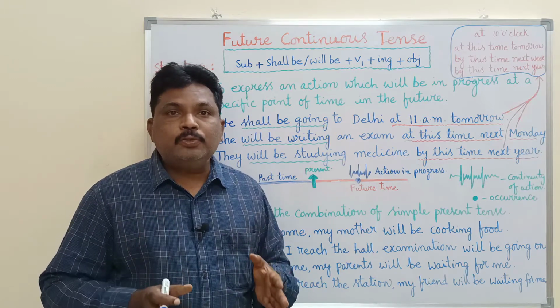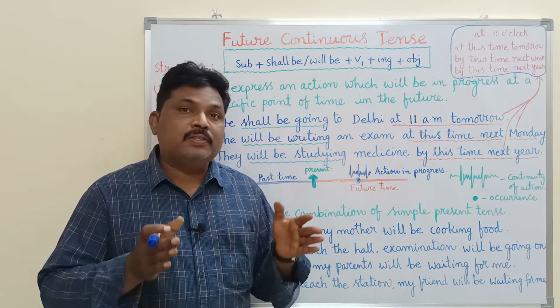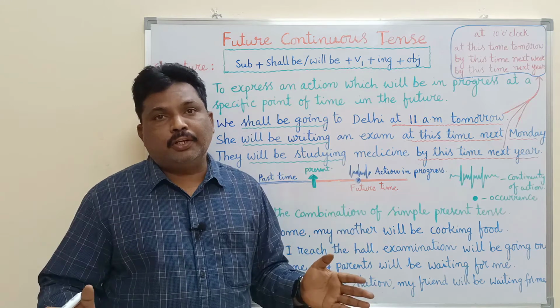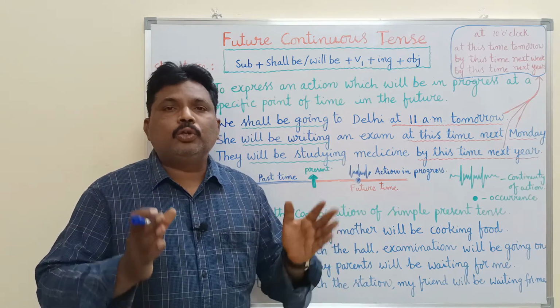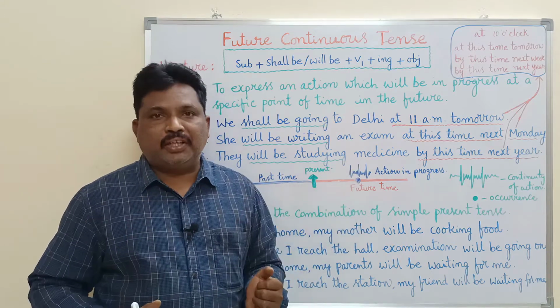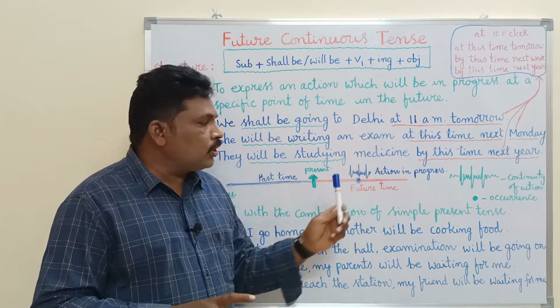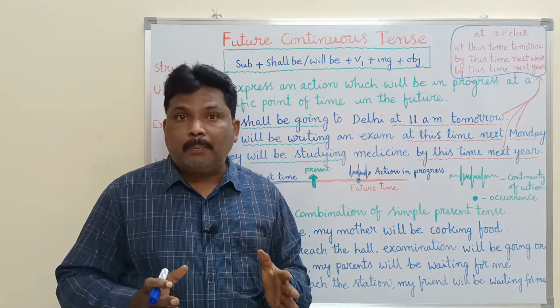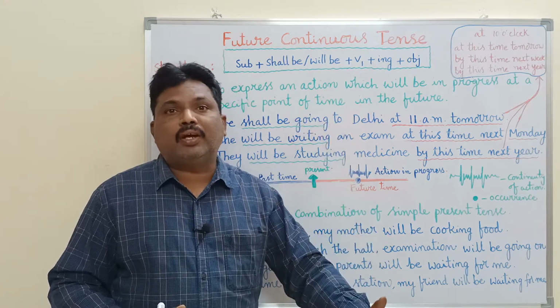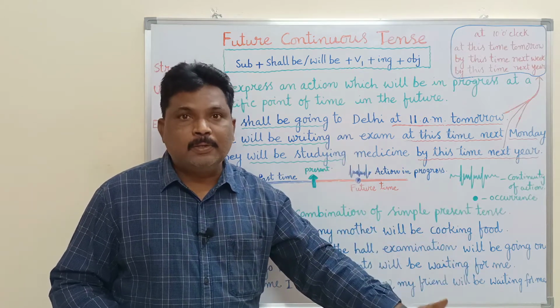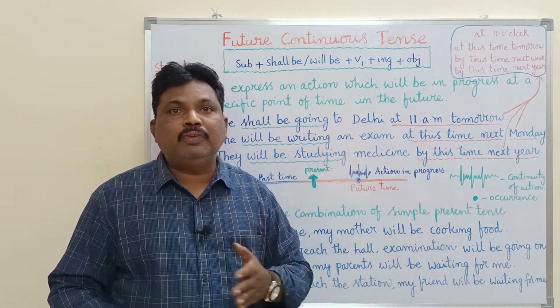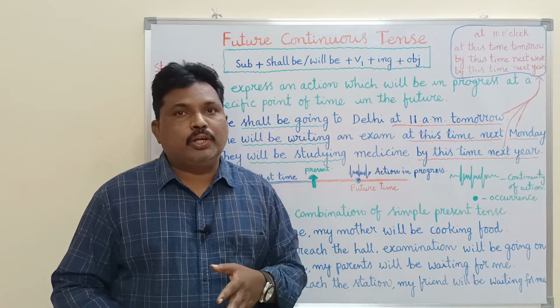My dear students, you need to understand the difference between simple future and future continuous tense. Simple future tense is used only to talk about the occurrence of the action, whereas future continuous tense is used to talk about the continuity of the action, or the actions which will be in progress. This is the difference between simple future and future continuous tense.